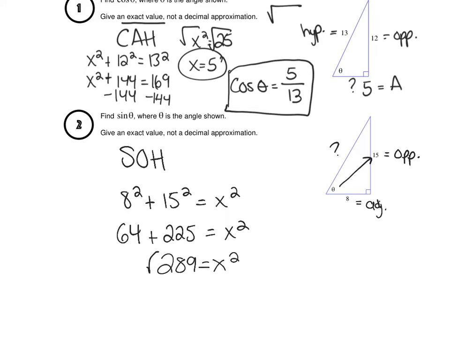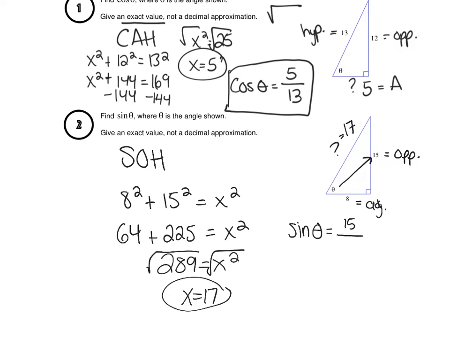So square root both sides. X is 17. All right, now that we found the hypotenuse is 17, we can now set up our answer. So our answer is asking for sine of theta. So we say sine theta equals, opposite is 15 over hypotenuse is 17. Done. So our answers are going to be fractions here.